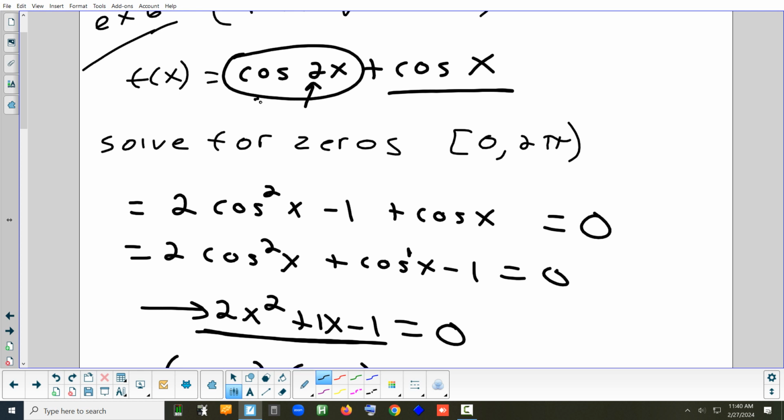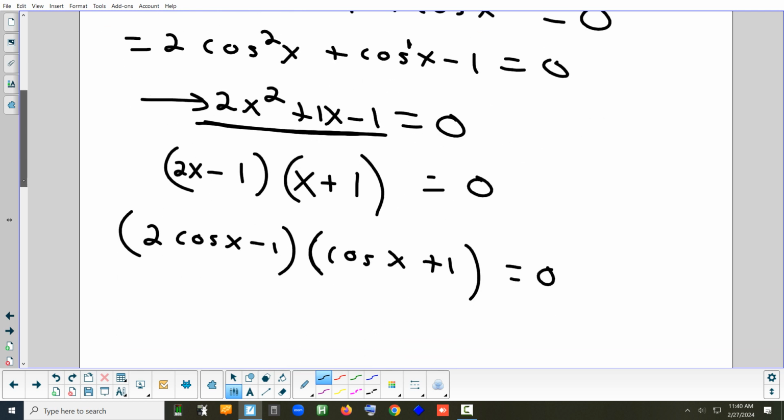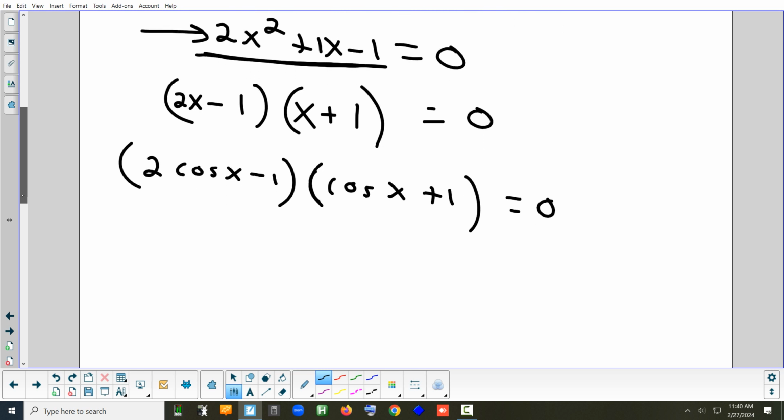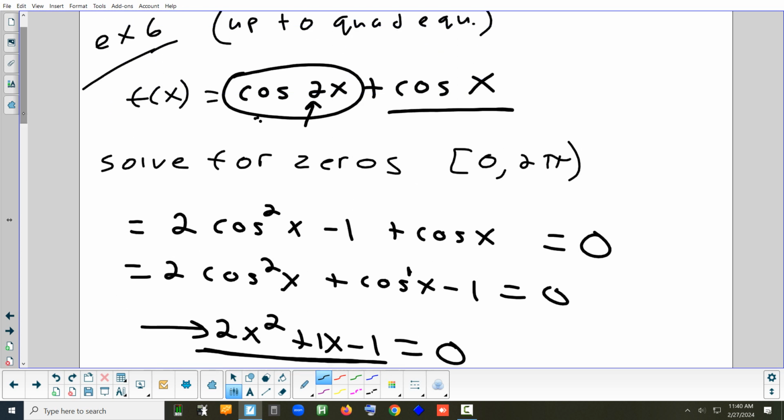All right. Now, what do you do with each of these factors? Yeah, set them each equal to 0. I'm not going to go too much further than that because now it's starting to get into what we're going to do tomorrow. I just wanted you to see how you could use a double angle identity to get this to a factorable point. So I've kind of done what I wanted to show you. But yeah, you'd set them each equal to 0.